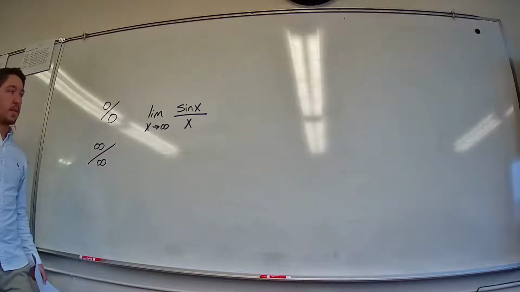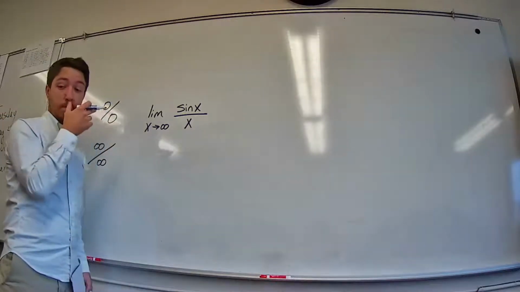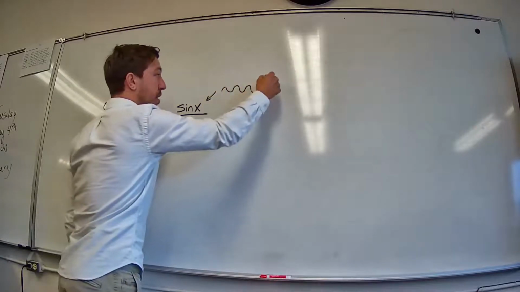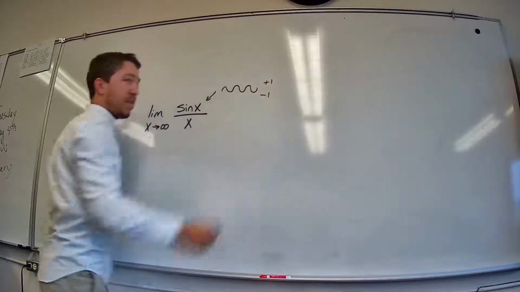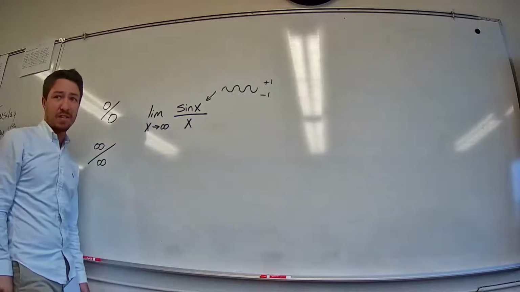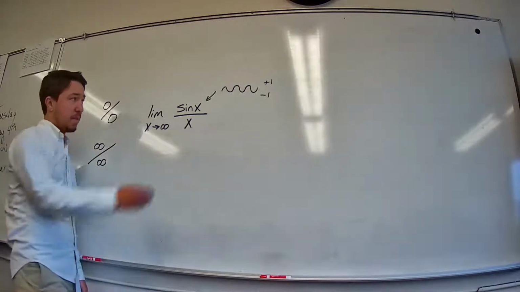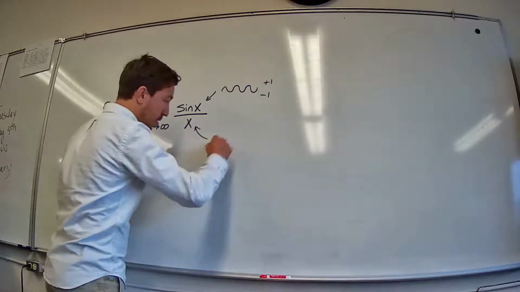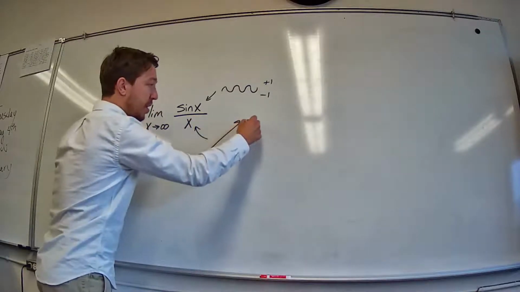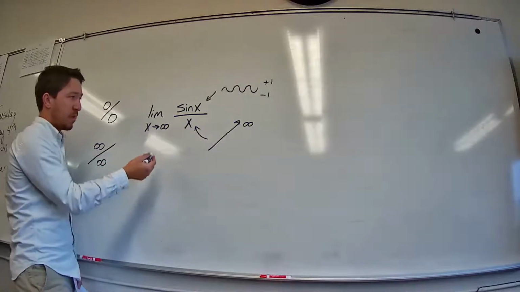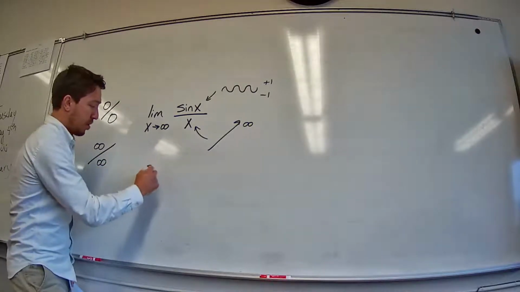Why is it 0? Well, let's think. This thing just oscillates between +1 and -1. So the top number of this fraction is always just some number between -1 and 1, but the bottom number blows up towards infinity. If you want a concrete example, let's say x was a million.